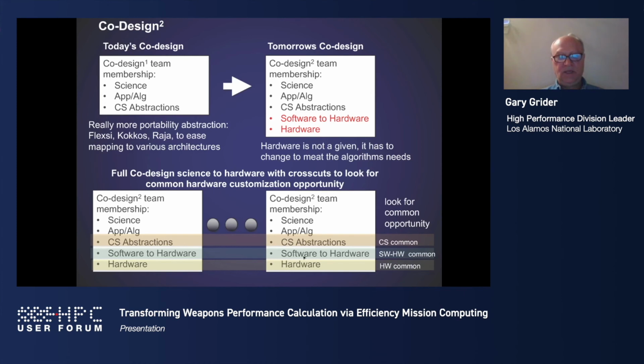We're going to put teams together, and we're also going to have crosscuts for some of the parts, like the common computer science software to hardware and hardware tailors that we use. The hope is we can find a few tailoring opportunities that get us big wins for multiple applications across these co-design teams, and have pay NRE or R&D to have them come to fruition for our next machines.